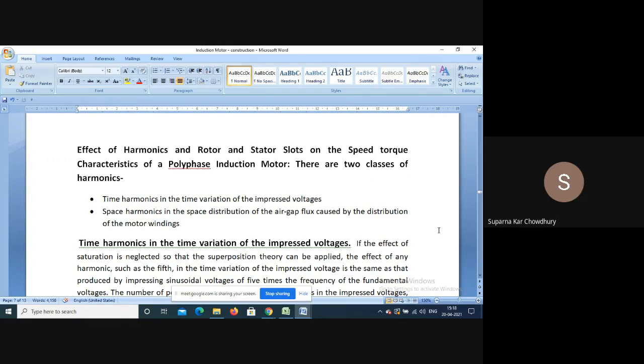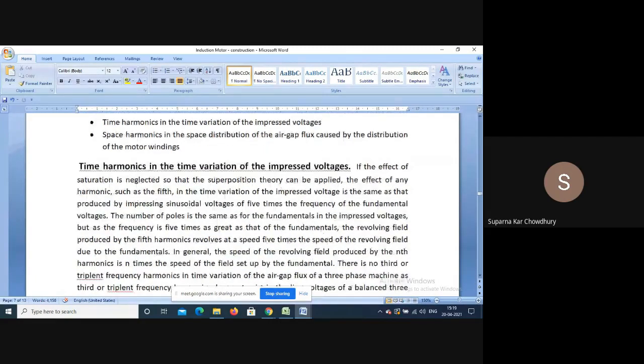But in practice, there will be some harmonics in the voltage wave. So the harmonics in the voltage will create corresponding fields, and so the fundamental rotates at synchronous speed, and the fifth harmonic, and so on.